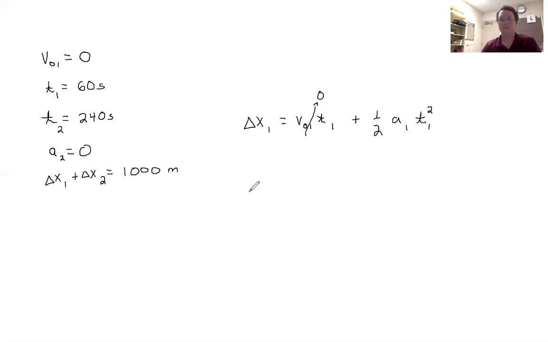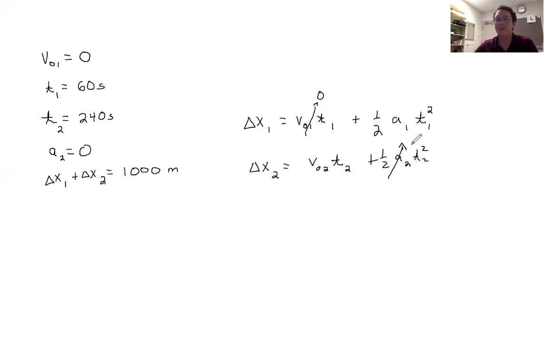Well, I tell you what. What if we just go on over to part 2 of the trip? So for part 2, I could write out delta x2, and that would be the initial velocity for part 2 times the time for part 2 plus 1/2 the acceleration for part 2 times the time for part 2 squared.